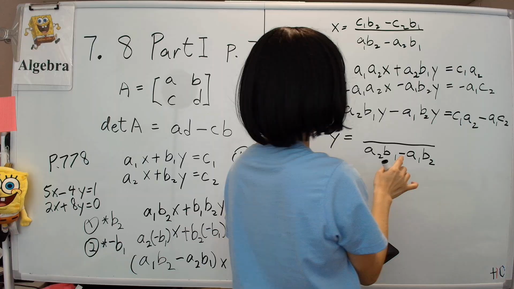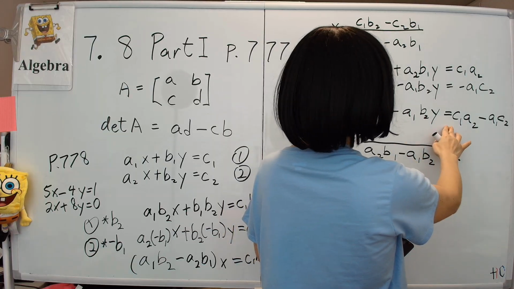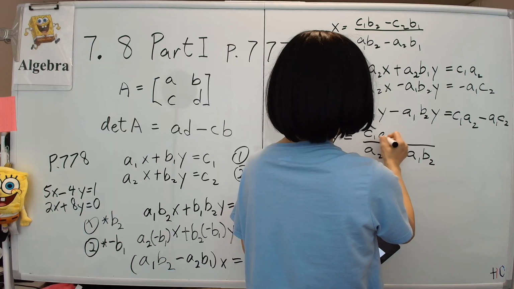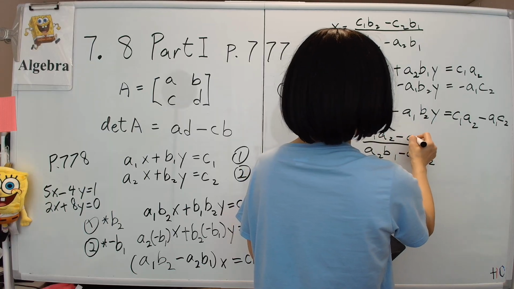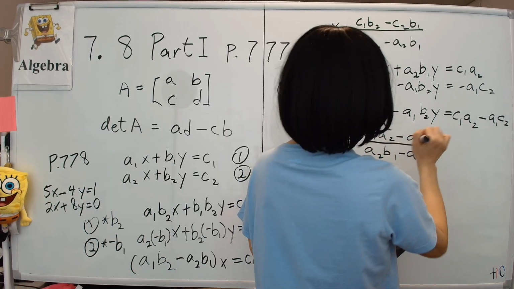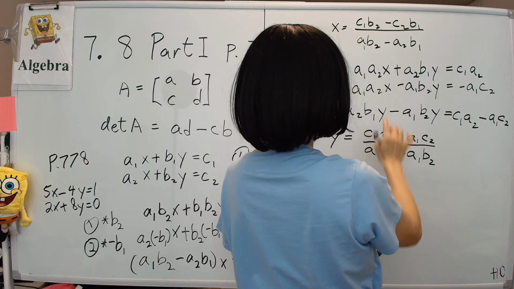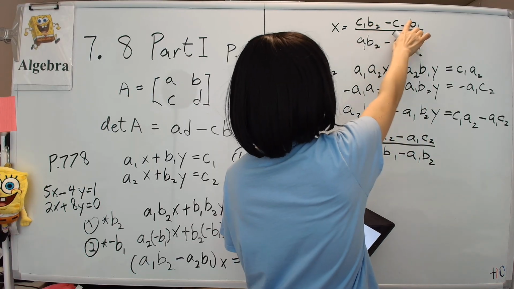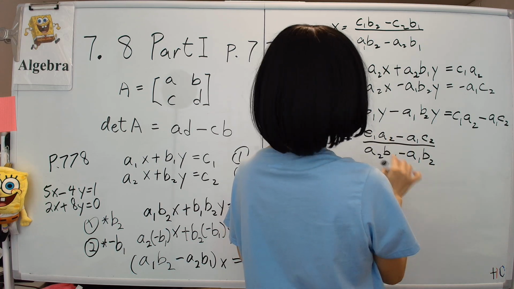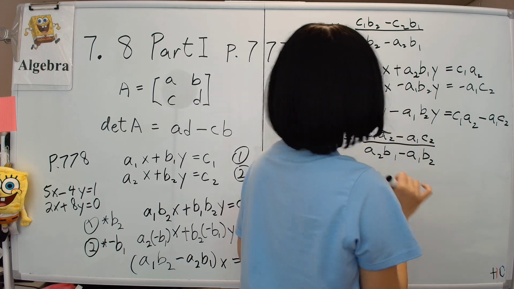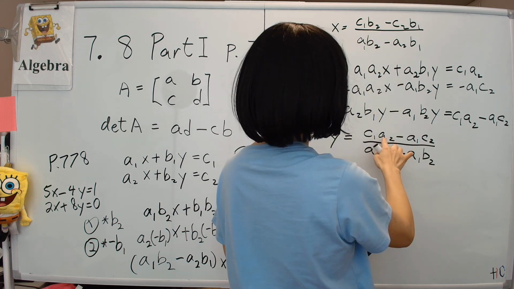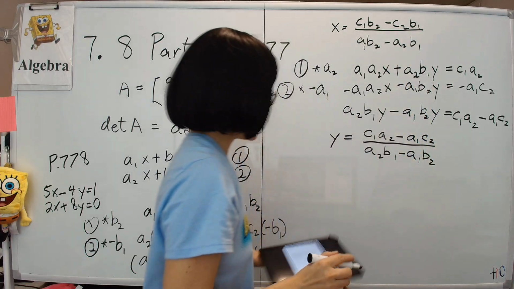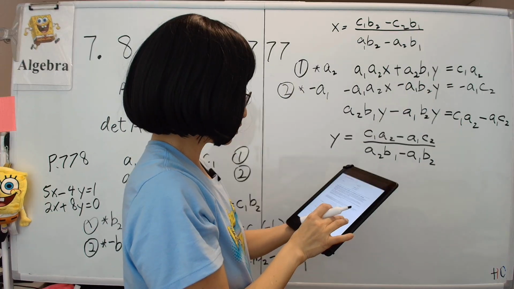They have the same denominator, but the numerator looks different: C1 A2 minus A1 C2. So x has C's and B's on top, and y has C's and A's. Otherwise, the pattern follows. See, there's a B2 and A2, and then there's B1 and A1. So that's the Cramer solution for y.